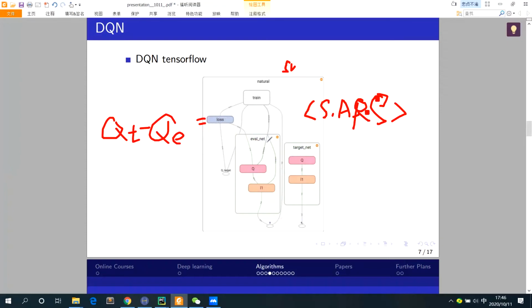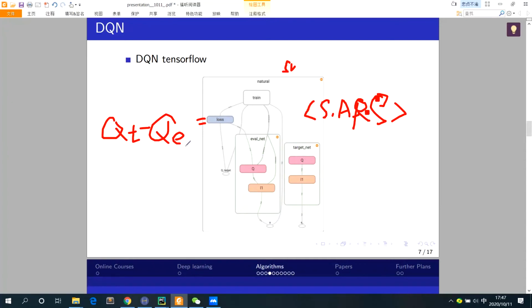These two neural networks have the same structure, but for the parameters, for example at step 0, the evaluate network updates its parameters, but the target network fixes its parameters. So we get different values from these two, and we use back propagation to update the parameters.